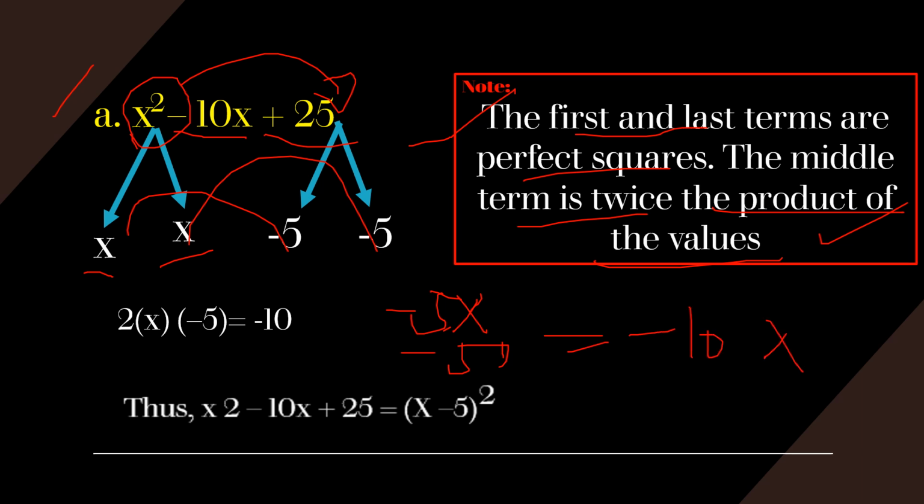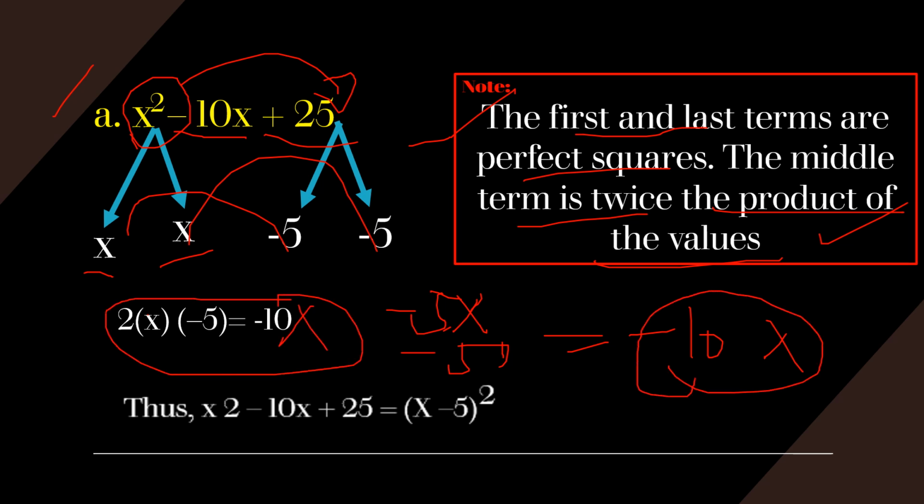Okay, same with this, so we're going to put there an x. So we found the middle term, which is the negative 10x. Thus x squared minus 10x plus 25 is equal to the square of the binomial, which is x minus 5.